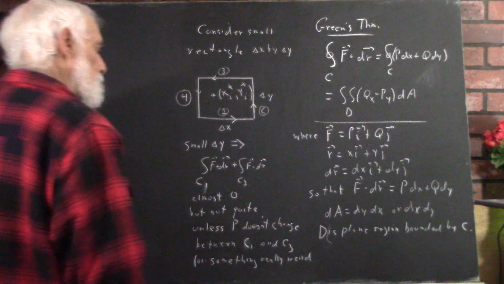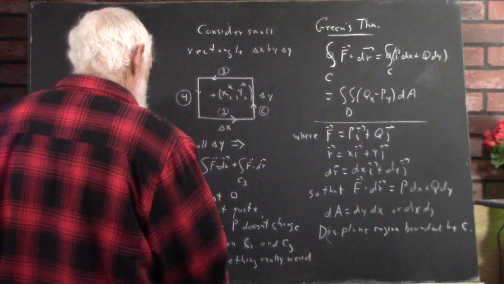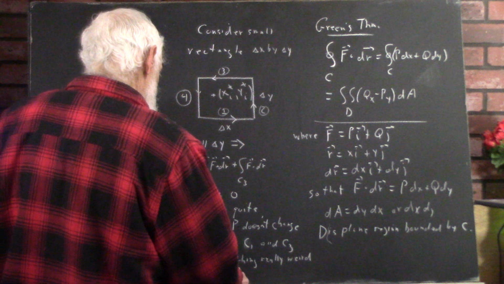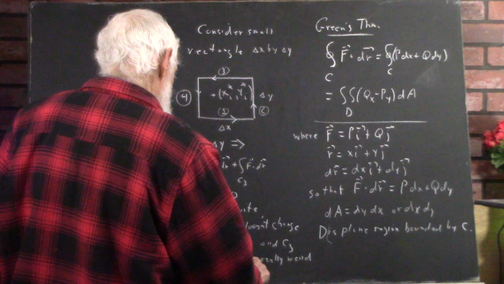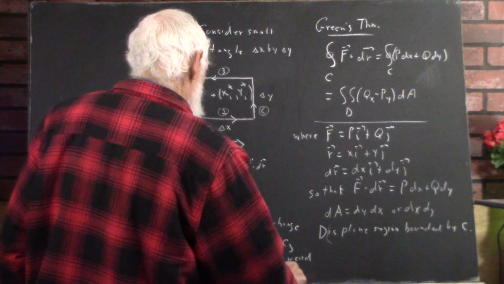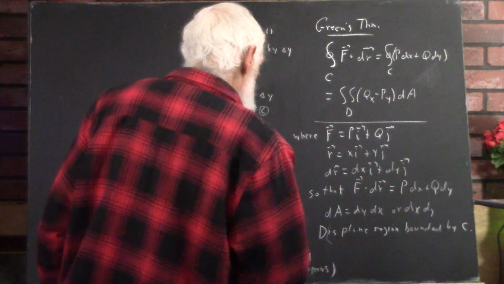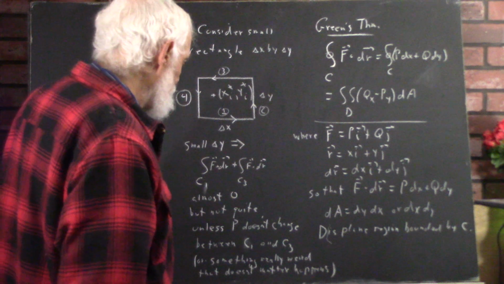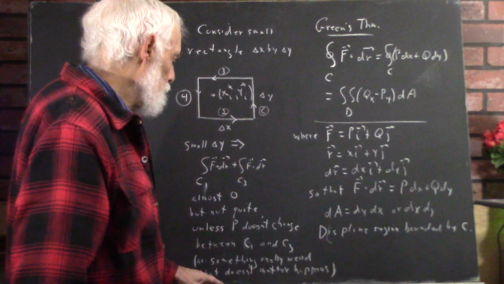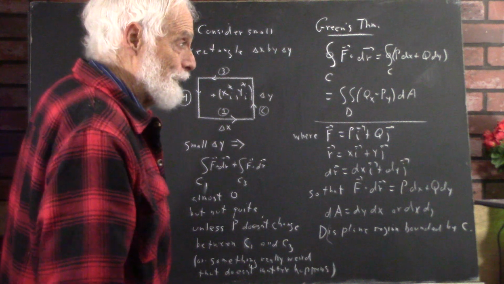So I'll say unless something really weird that doesn't matter happens, and I don't want to get into what something really weird that doesn't matter happens might be, because it doesn't matter. Okay?